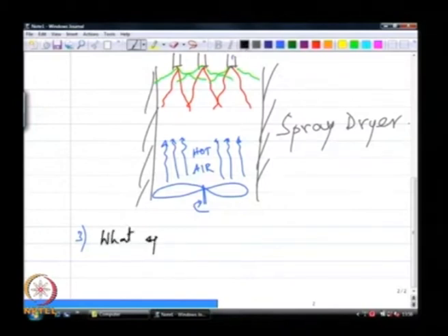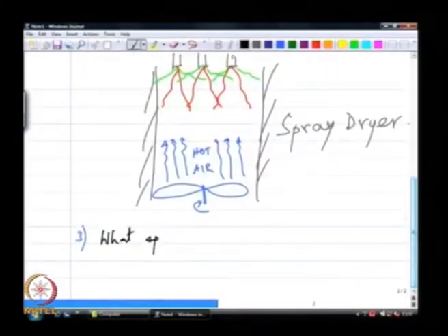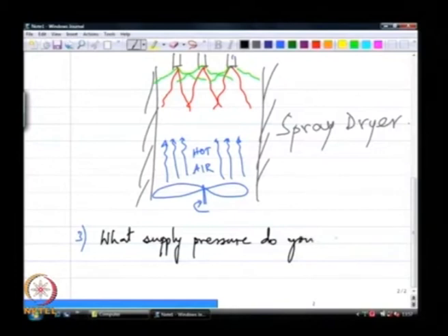Next, what supply pressure do you have available? We will come to the spray pattern later.